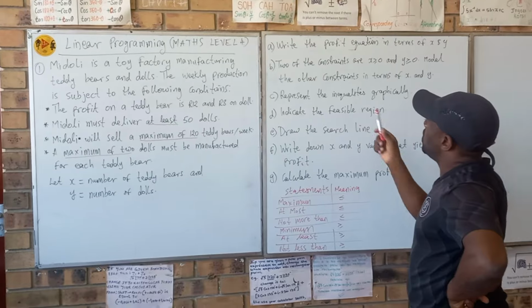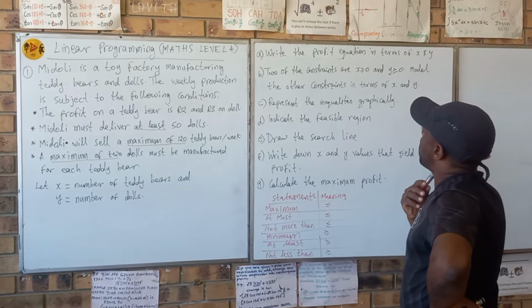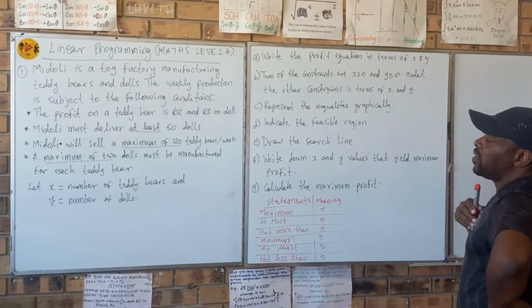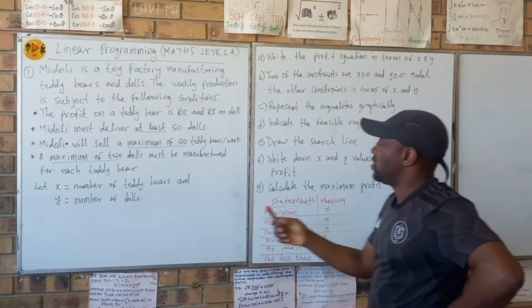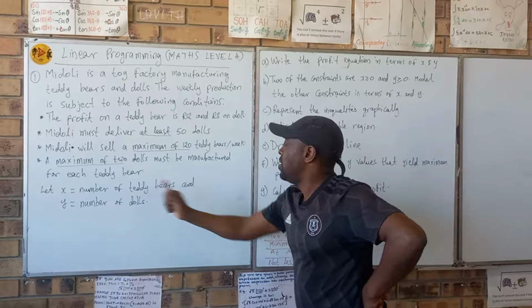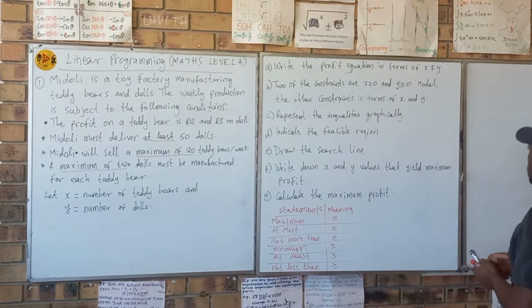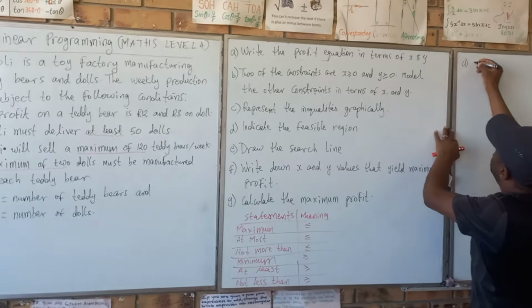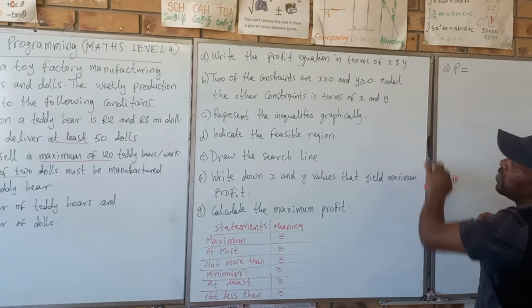So step 1, question A says we need to write the profit equation in terms of X and Y. When writing the profit equation, we must remember that X stands for teddy bear, Y stands for doll. So my profit equation, I'll simply call it P equal to.